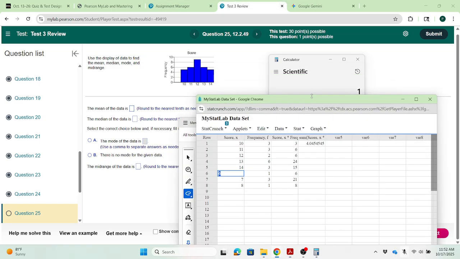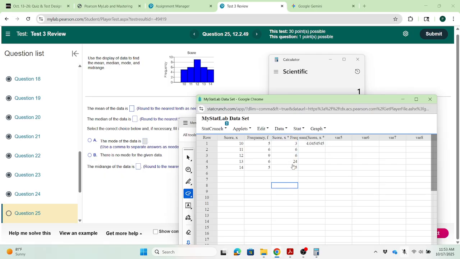And then the frequencies are: 10 repeats 5 times, 11 repeats 6 times, 12 repeats 9 times, 13 repeats 6 times, 14 repeats 5 times. You can read the heights, and then the rest, just cancel them.